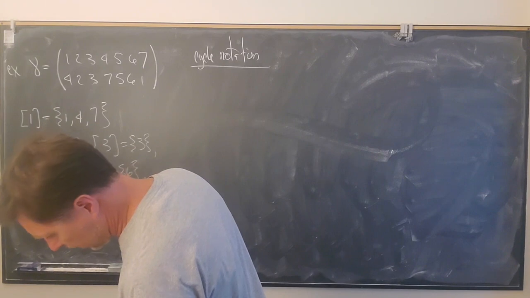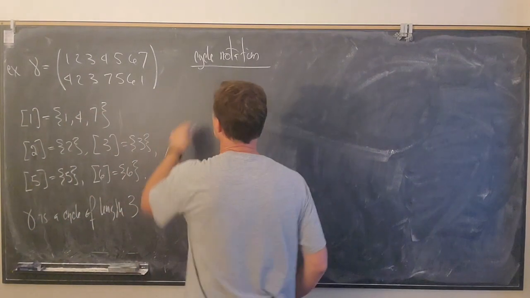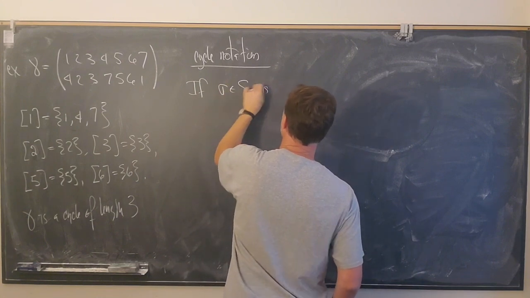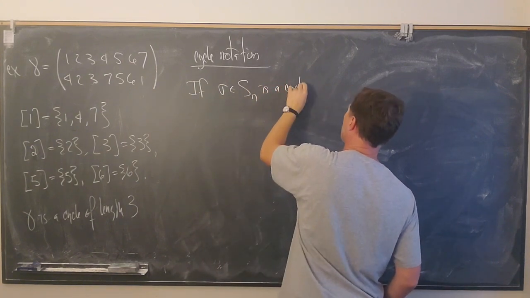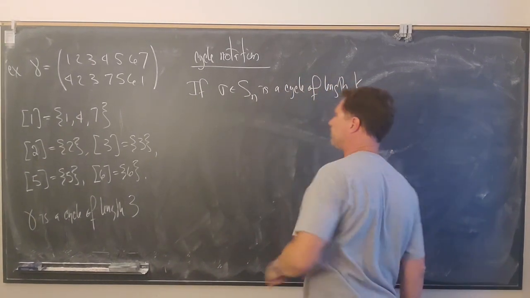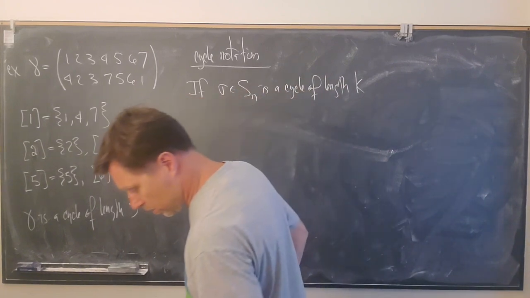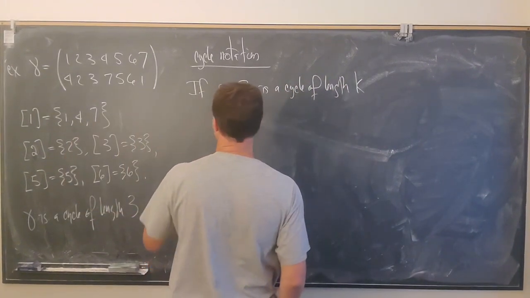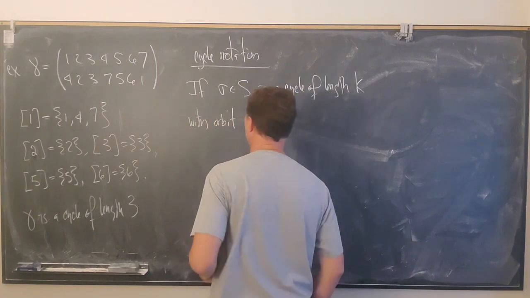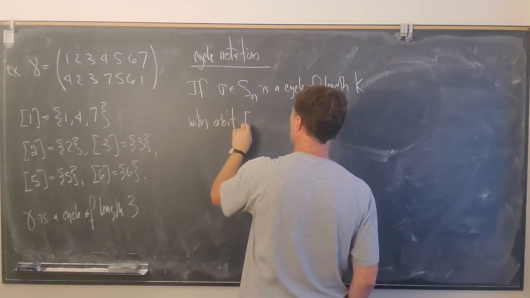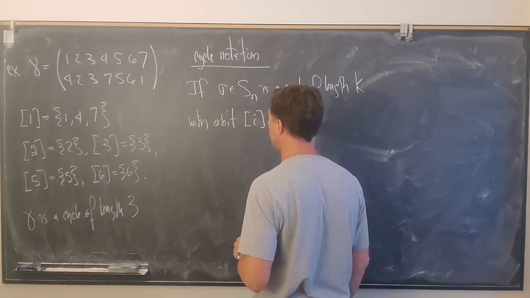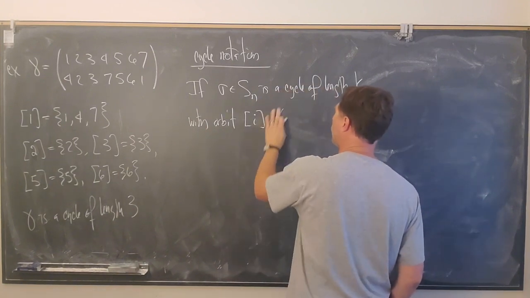So, let's say that sigma in S_n is a cycle of length, let's say k, with non-trivial orbit, let's say the orbit of i, having more than one element.